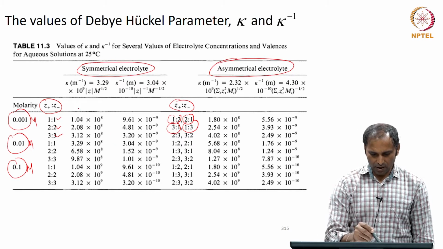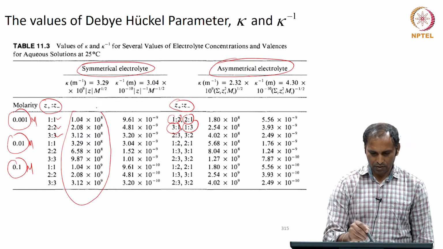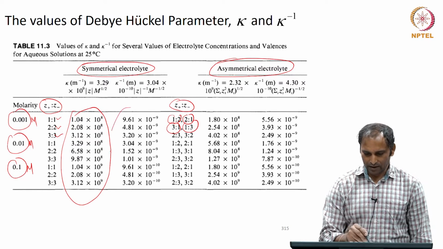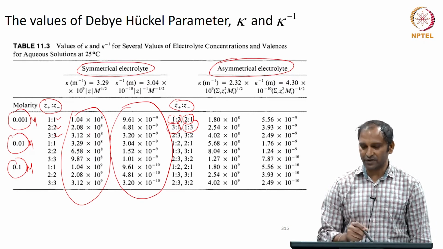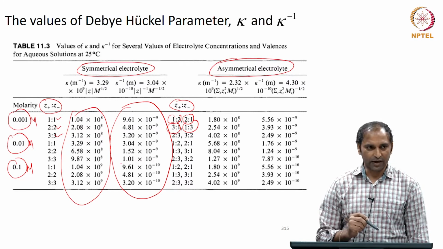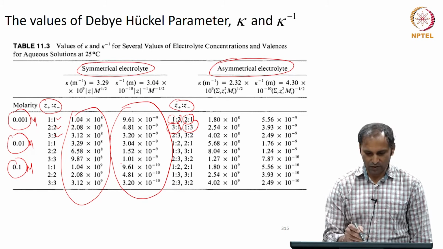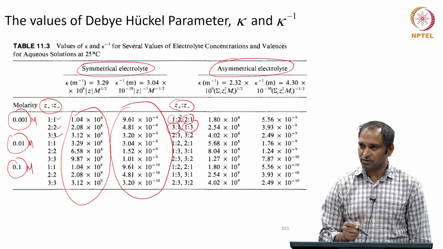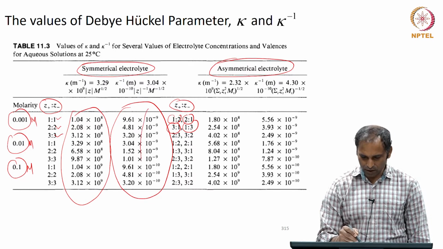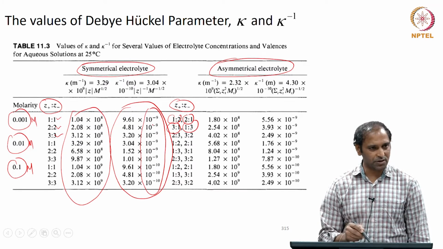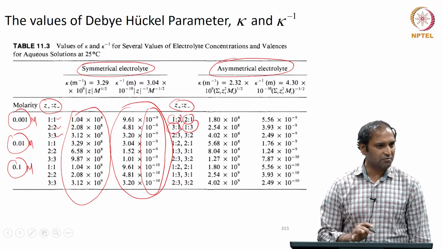And these are kappa values, that is the Debye-Huckel parameter, and this is kappa inverse, the inverse, or the double layer thickness, which has units of meter. What is interesting to note is that all these numbers are of the order of nanometers.